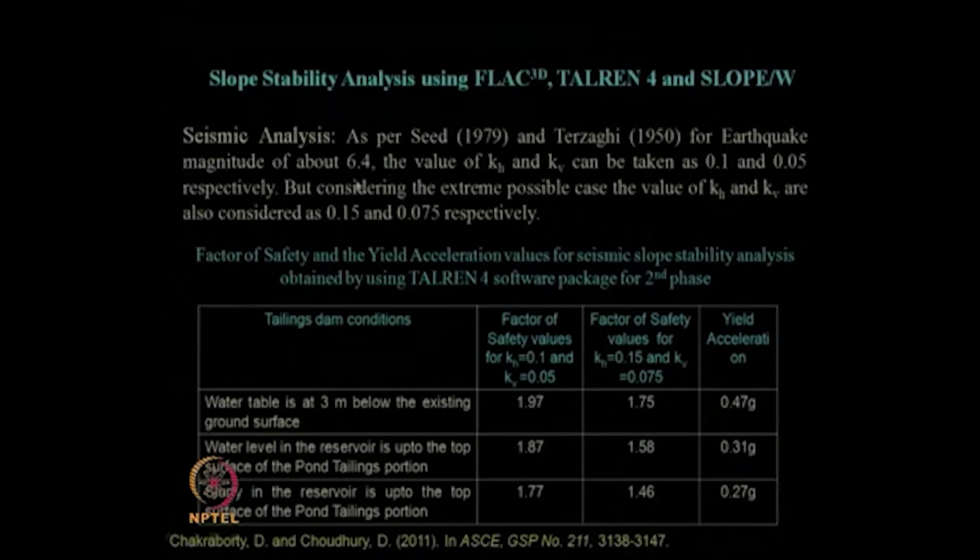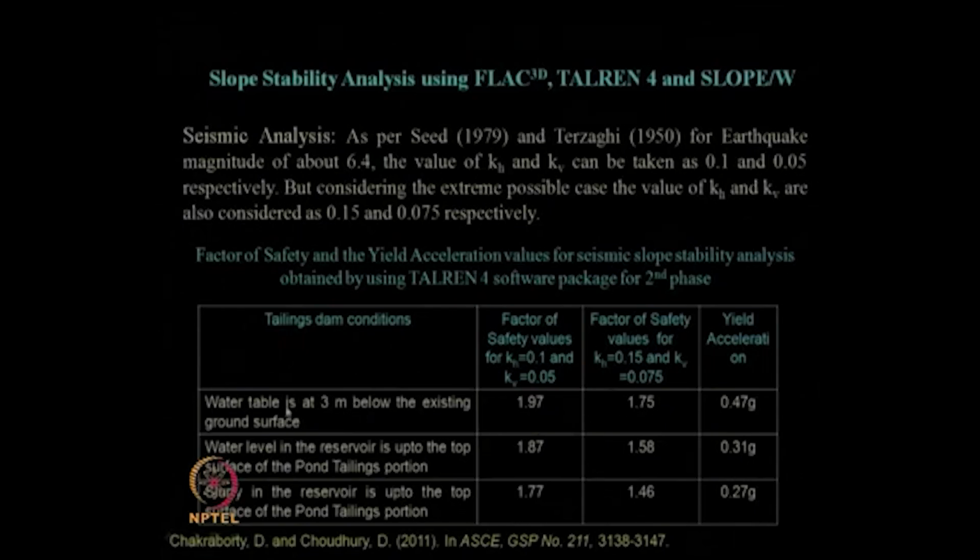Whereas, for seismic analysis, as proposed by Seed and Terzaghi, for magnitude of about 6.4, these values are considered for analysis in Talren and Slope W, because remember Talren and Slope W cannot do direct slope stability analysis in terms of input acceleration motion, but FLAC can do that dynamic analysis. It will not give the value of factor of safety, it will give a displacement. You can recalculate back the value of factor of safety in a wiser manner.